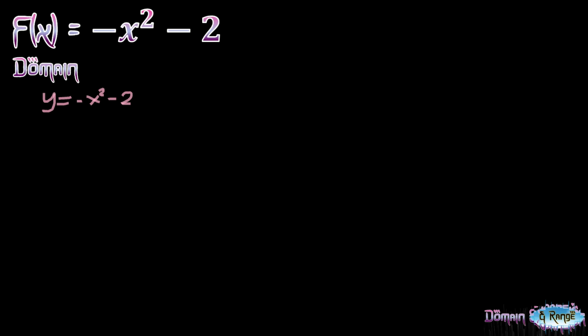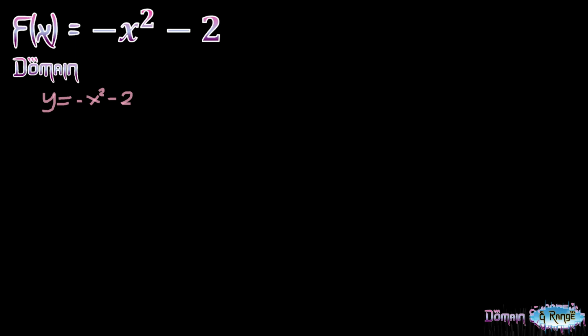If we're going to use, let's say, positive integers like 1, the square of 1 is 1, so we have negative of that, which is -1 minus 2, -3, that's a real number. If we use a fraction, let's say 1/2, the square of 1/2 is 1/4. The negative of 1/4 minus 2 is -9/4, still a real number.